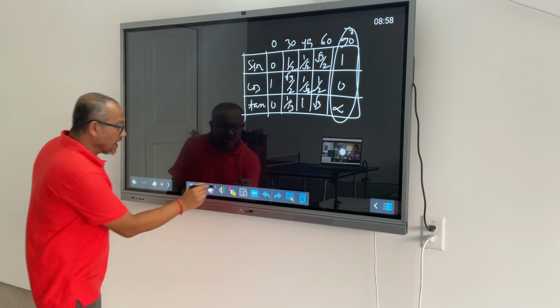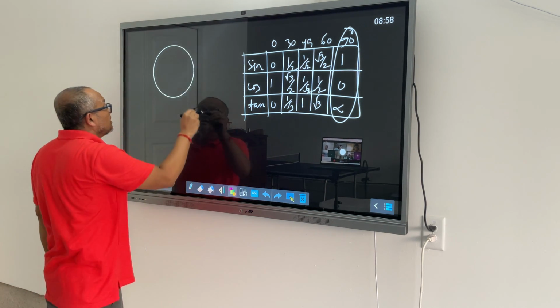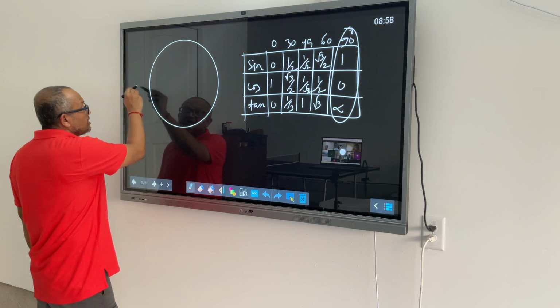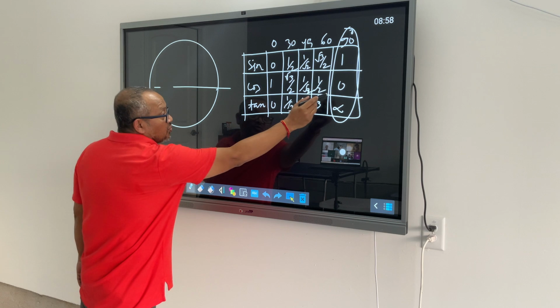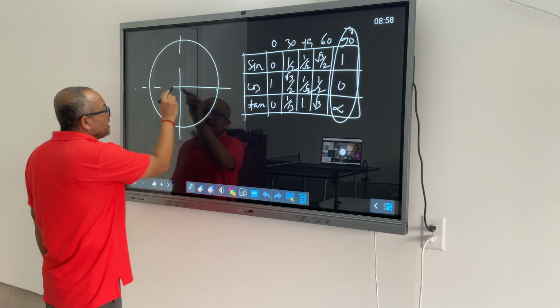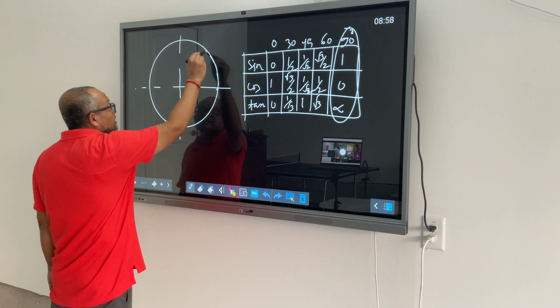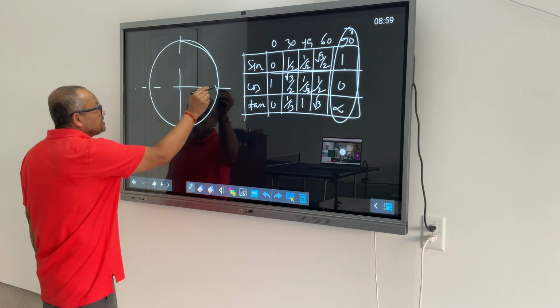If you look at your unit circle, life is going fine up to 90 degrees, just before 90 degrees. The sine value is increasing when you are going to 90 degrees. It's increasing. Cosine is decreasing.